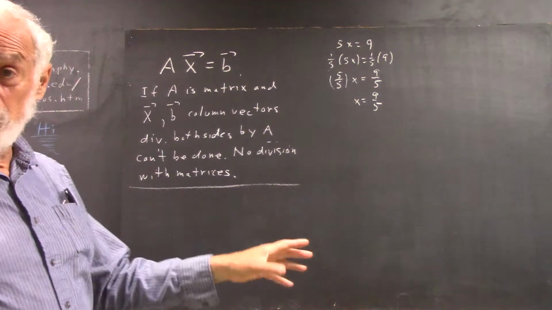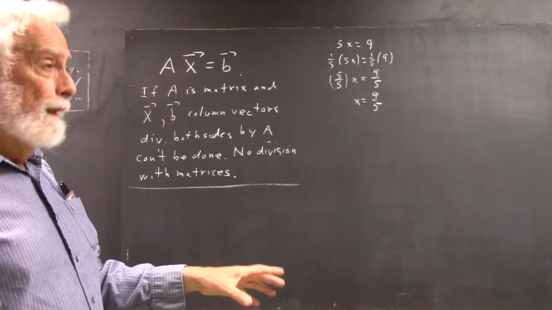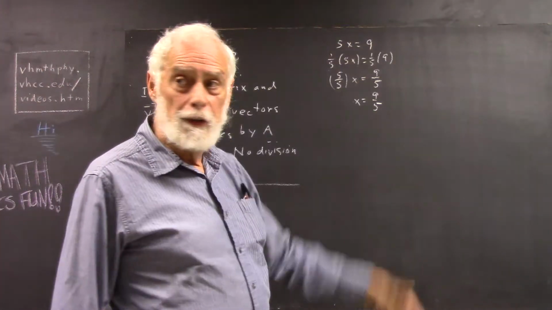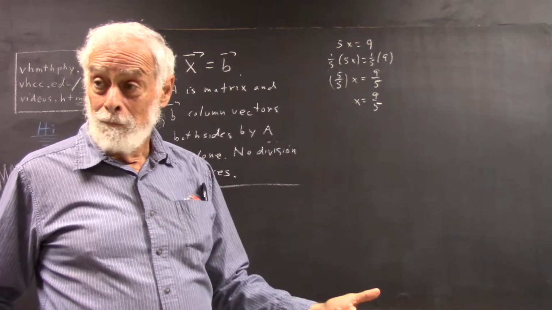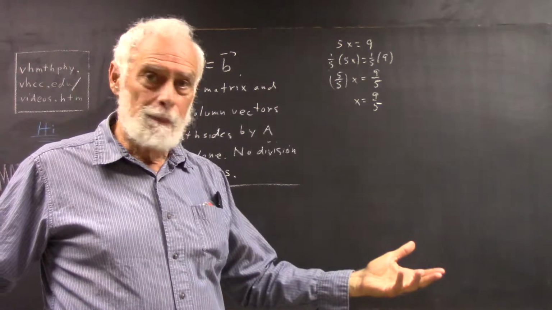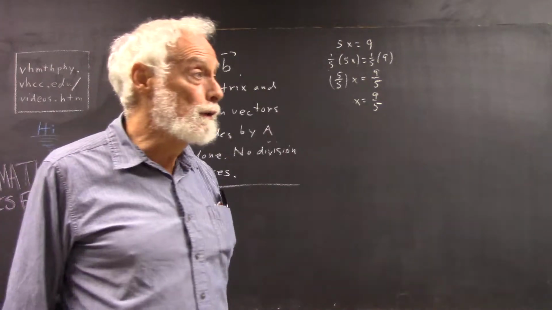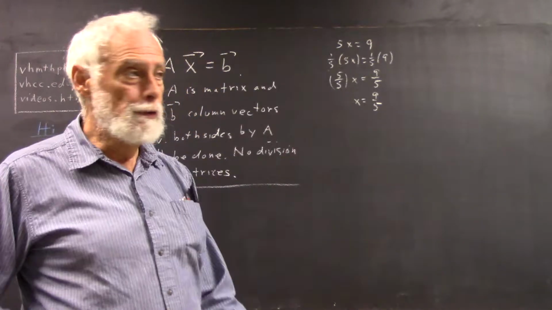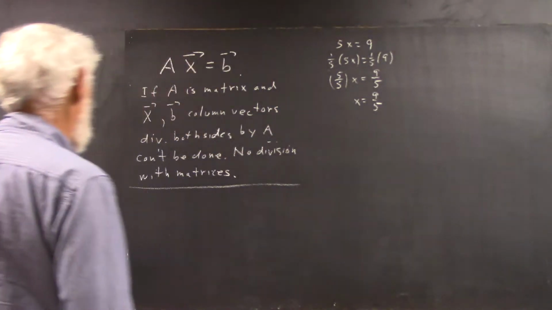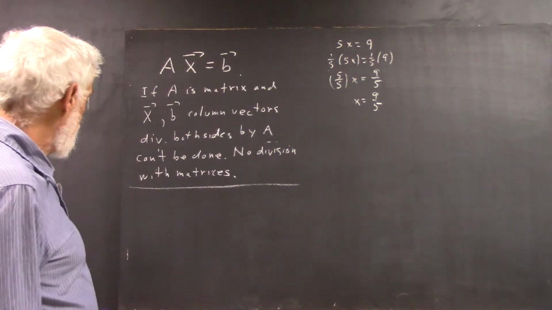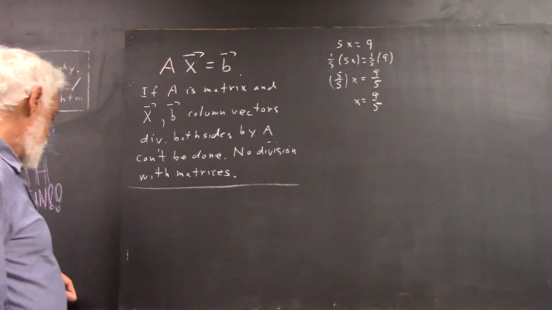Okay, any number but 0 has a reciprocal. And you know you can't multiply both sides of an equation by 0. I mean, you can, but you lose all your information, right? Multiplying both sides by 0 wipes the equation out totally and gives you something that's automatically true whether the equation was true or not. Okay?